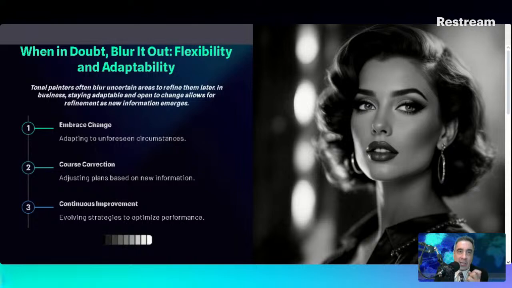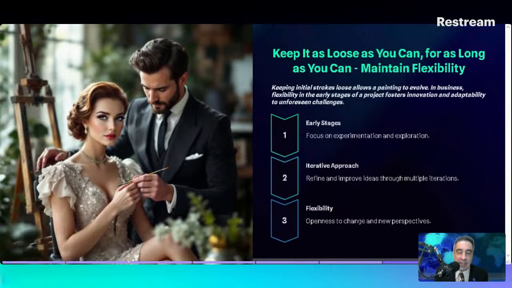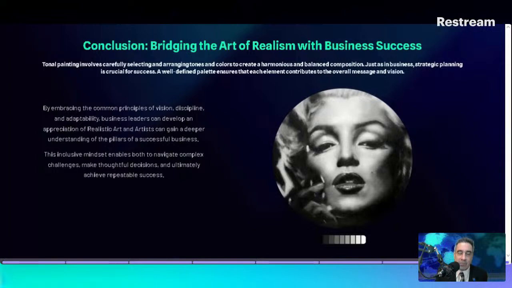And the way to do that is not to make definitive, super hard statements. You want to keep it flexible, and you want to keep it loose. Another saying that we use is keep it as loose as you can for as long as you can. You want to maintain flexibility as you go on your journey.